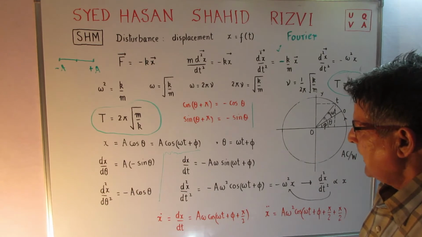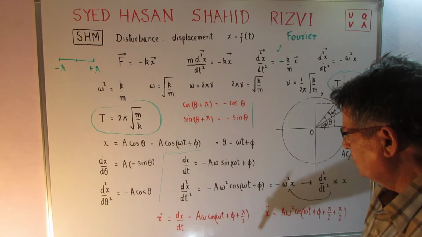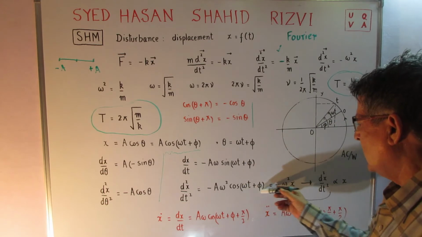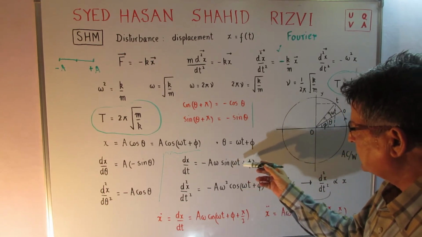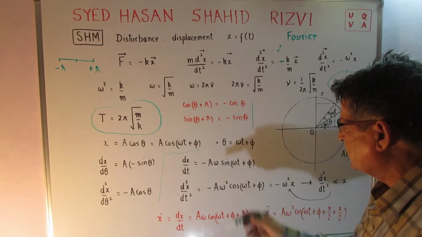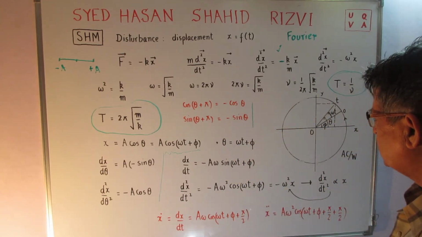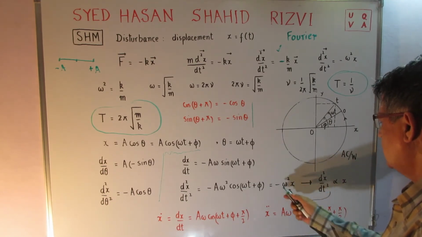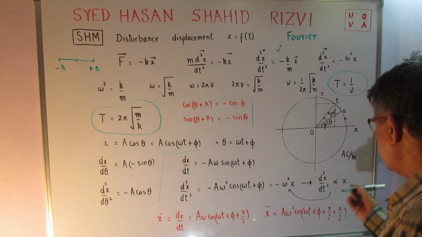Similarly, when we differentiate further, d2x upon dt2 turns out to be equal to a, for sine I get cosine, and when I differentiate the argument again I get omega plus 0, so this omega multiplies with the existing omega and I get minus a omega square cos of omega t plus phi, which I can write naturally as minus omega square x.